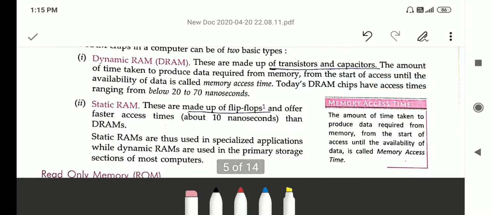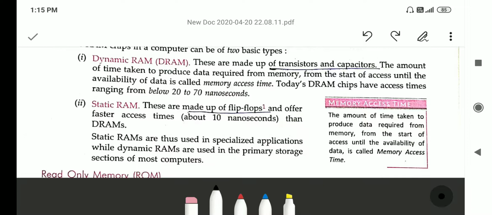In dynamic random access memory, the cells are made up of transistors and capacitors. This is the main thing that I want to show you. The amount of time taken to produce the required data from the memory, from the start of access until the availability of data, is called memory access time.